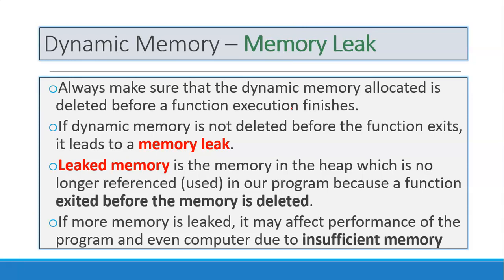As I stated earlier, the lifespan of a dynamic memory is beyond the function. So it can still be in existence, but we have exited the function. There will be no way for you to actually use that memory again, because you have lost the reference to that memory.